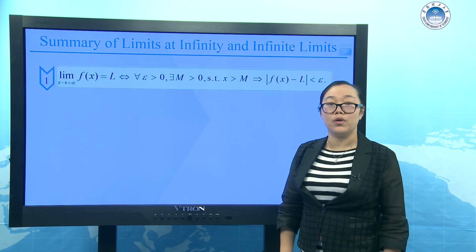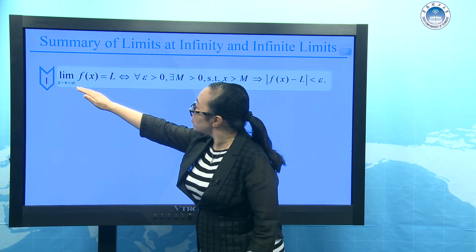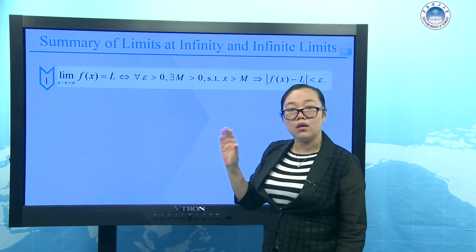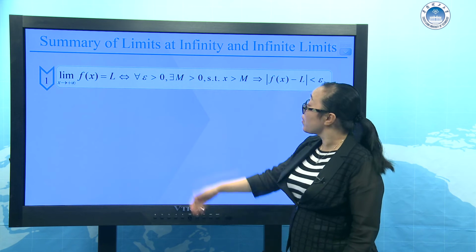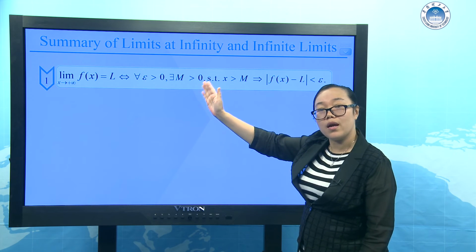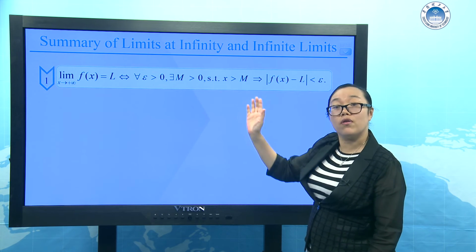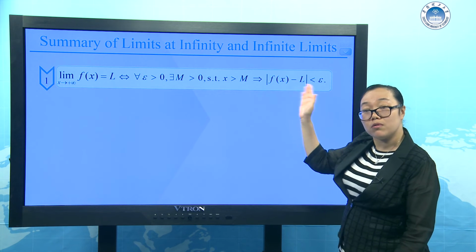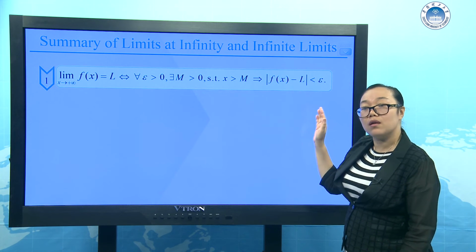Look at our summary. Case 1. The limit of f(x), x tends to positive infinity, equals capital L if and only if, in our mathematical language, for any epsilon greater than 0, always find, means there exists, capital M greater than 0, such that we will have x greater than M, we can get the absolute value of f(x) minus capital L less than epsilon.